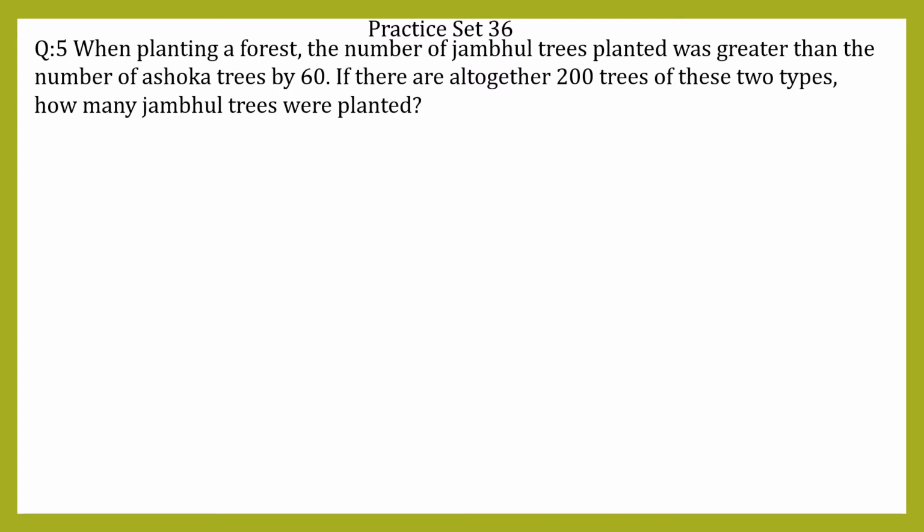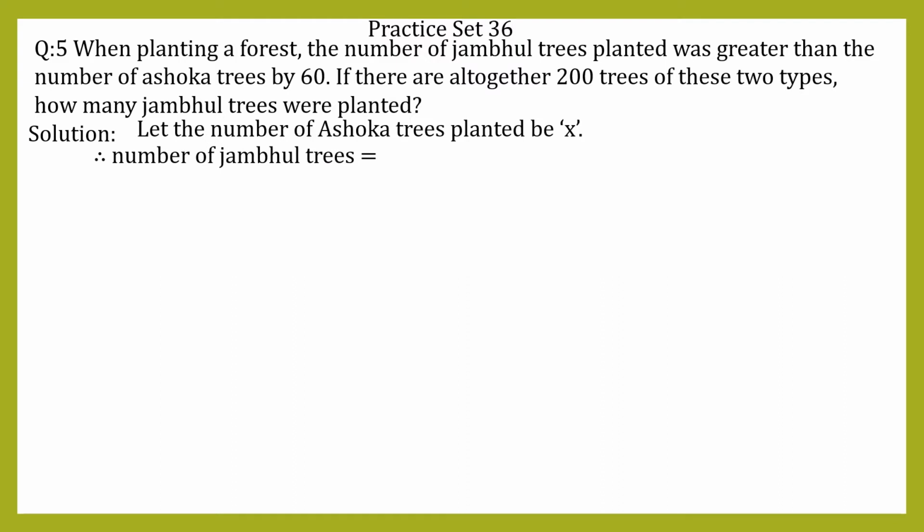Now, let's write the solution. We can assume the number of Ashoka trees as x. Let the number of Ashoka trees planted be x. Now, what is the number of jambal trees then? Let's read the question.